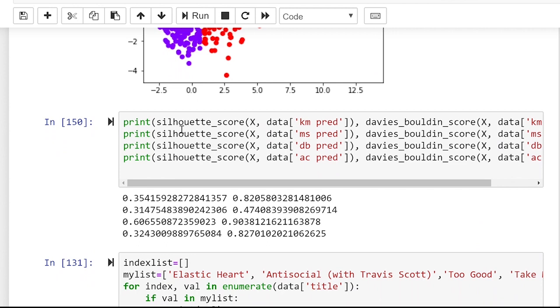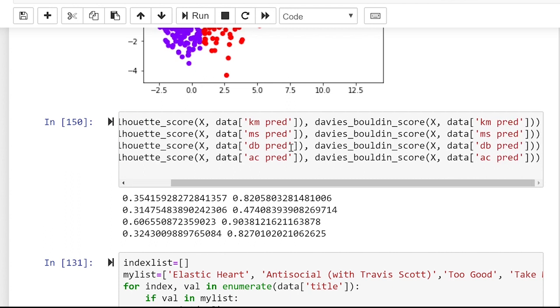I would like to check their silhouette score and the Davies-Bouldin score. Silhouette score is estimated by considering how these clusters look. They should be as separated as possible, which means this score is going to be 1, and the higher the silhouette score is, the better the clustering.